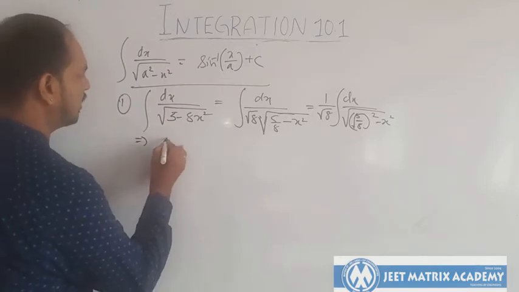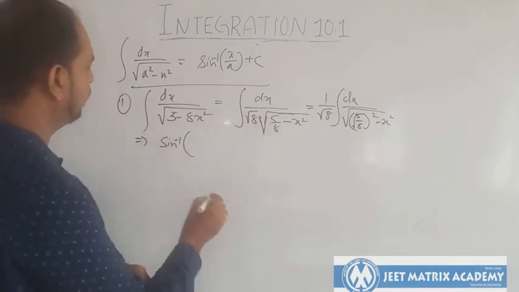So my answer is 1 by root 8 sine inverse of x divided by root 5 by 8 plus c.